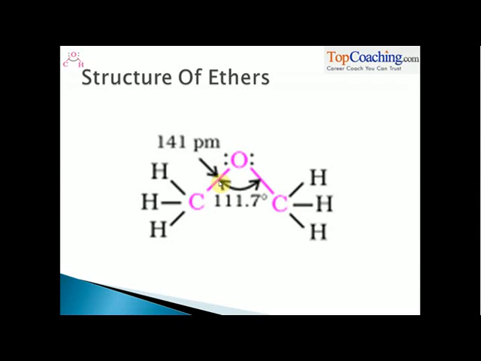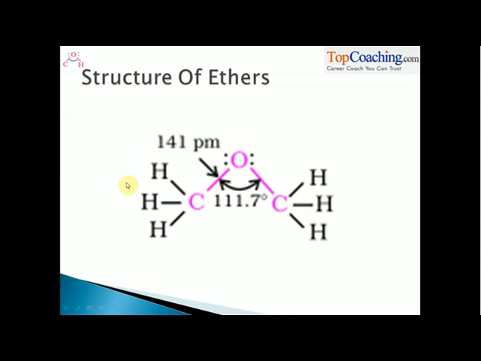We now come to our next section of the chapter alcohols, phenols and ethers. Before I go further, let us recall what ethers are. The general formula is of course ROR', where R and R' are the same or different alkyl groups. For example, this is dimethyl ether.